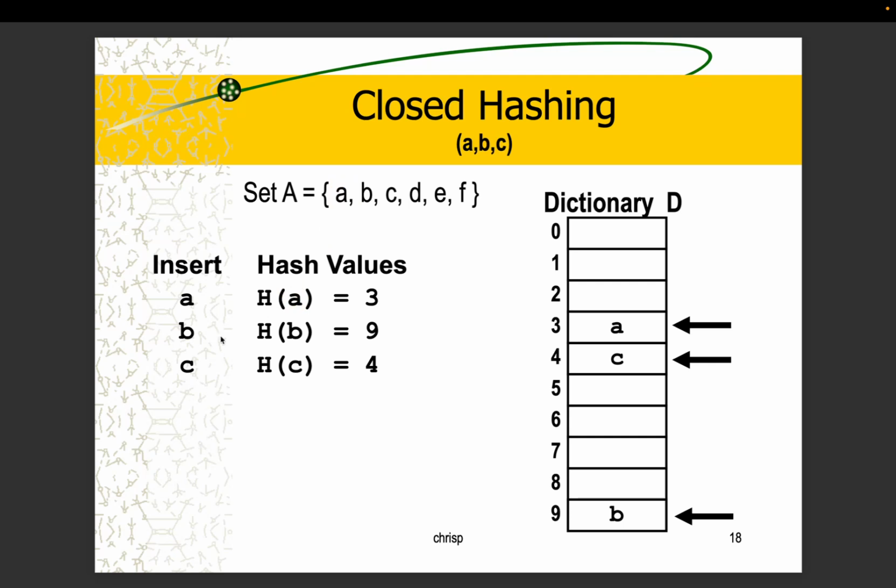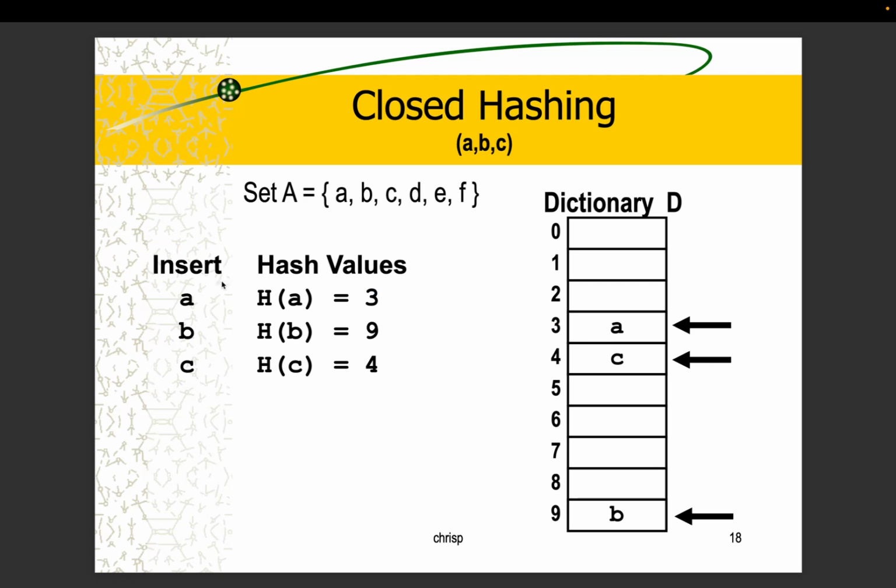For example, I'm calling the hash function, and I am going to insert the letter A. Hash of A returns a 3, therefore A is stored in index 3. To insert character A, I need to do a hash of A. The hash of A returns 3, so it's inserted at index 3.